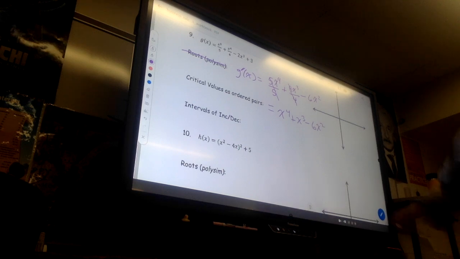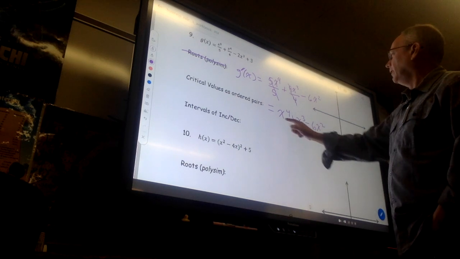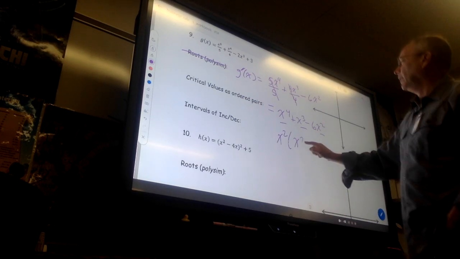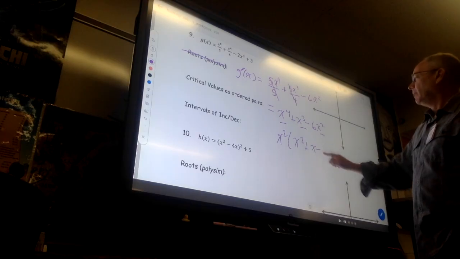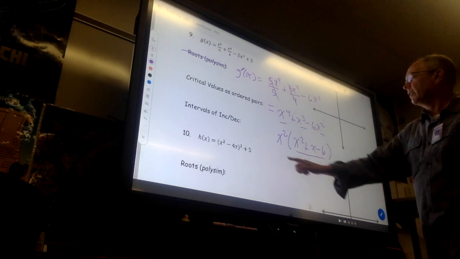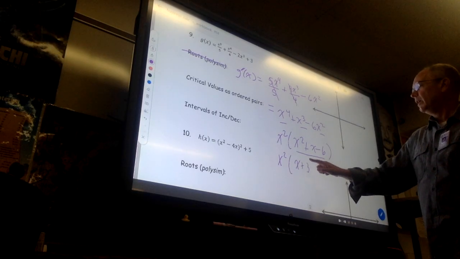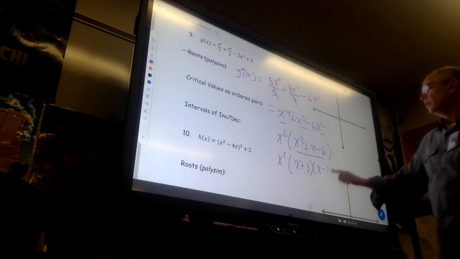And then, in order to find my critical values, each of these has an x squared, so if I factor an x squared out, I'm left with x squared plus x minus 6. This factored out is going to be x plus 3 and x minus 2.